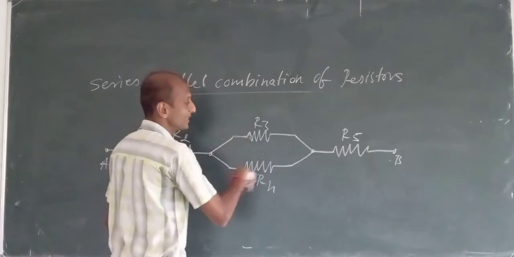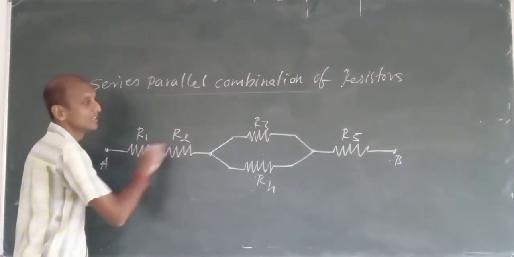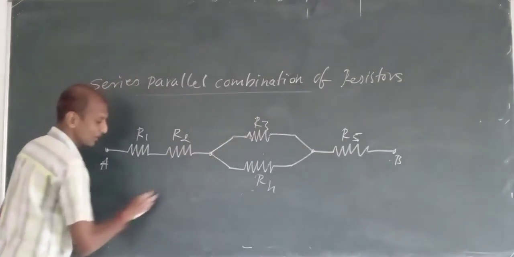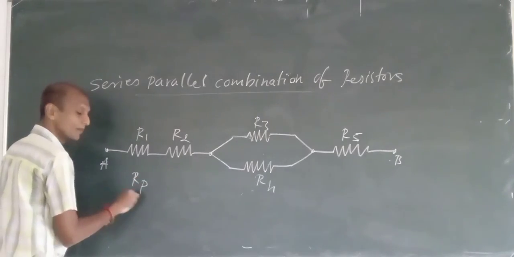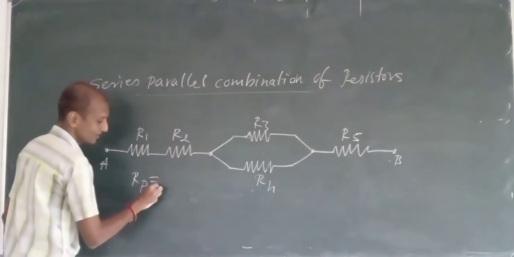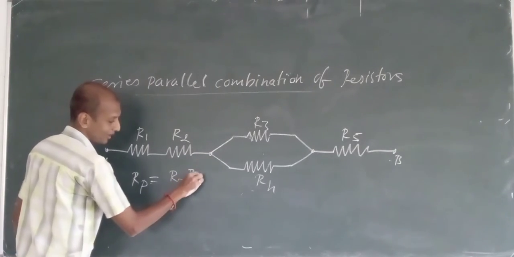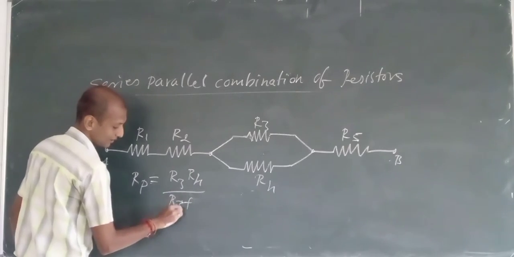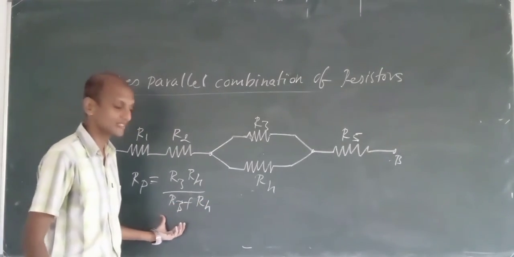So I should calculate the effective resistance RP first, and then I can go for the total resistance across points A and B. RP will be equal to R3 into R4 divided by R3 plus R4.